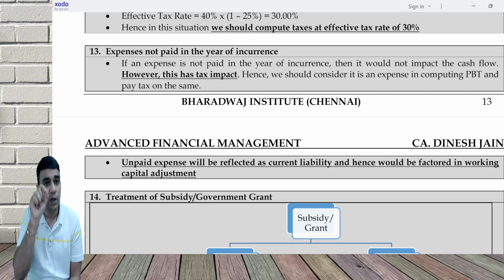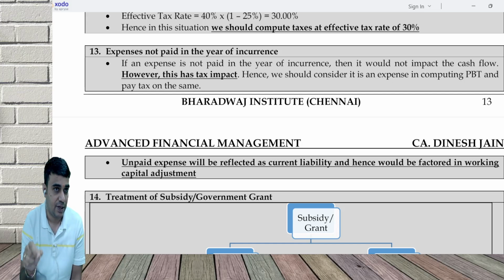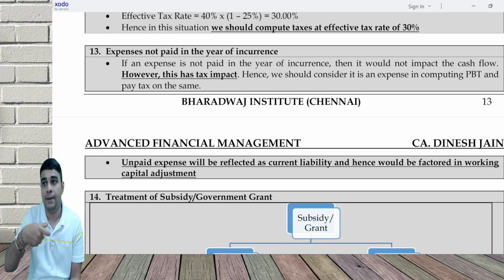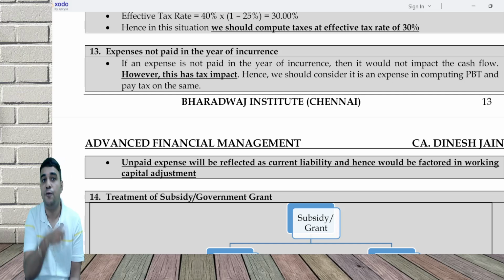If you don't pay anything, your working capital will go down. How does working capital go down? Because working capital is current asset minus current liability. If you create current liabilities, working capital goes down. Any decrease in working capital is an inflow in our calculation.